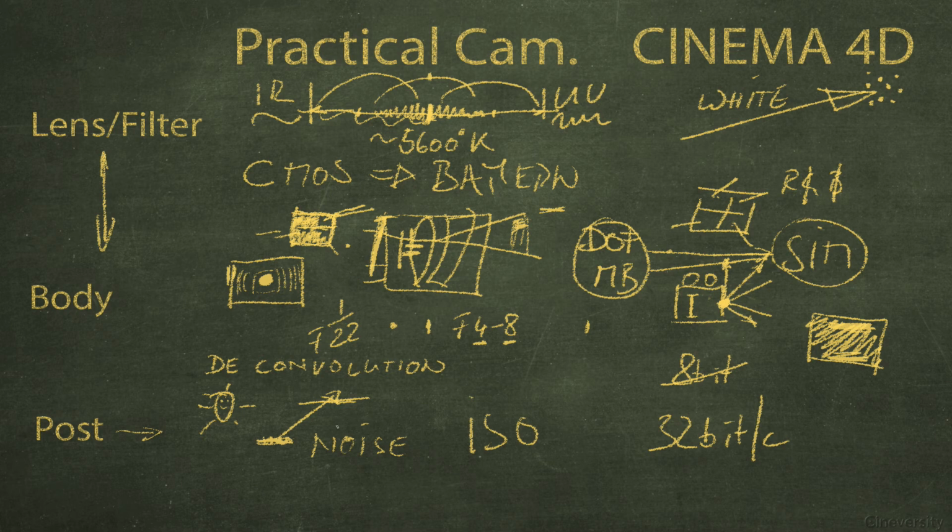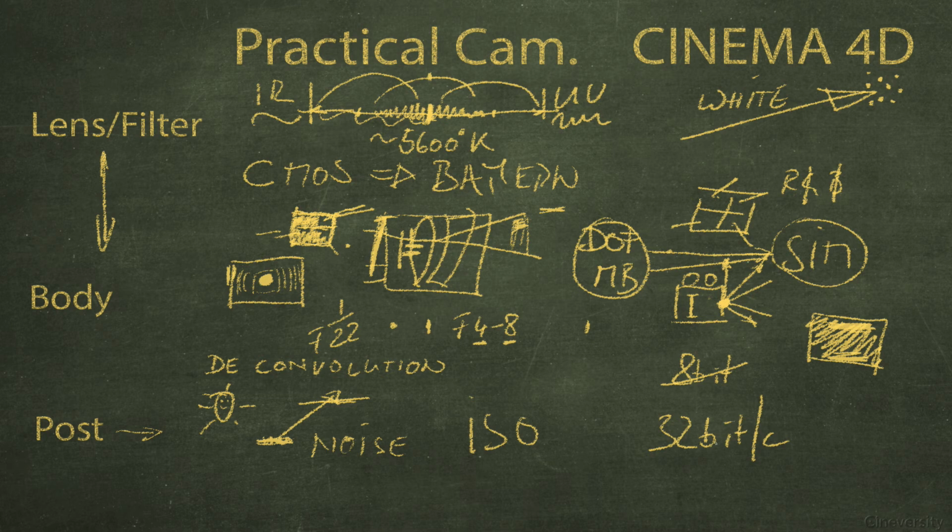Anything that has noise in Cinema 4D is maybe based on very sharp textures or similar things, but never based on too little light, in the sense that a sensor would have no idea what to do because the photons that reach the sensor are too few.